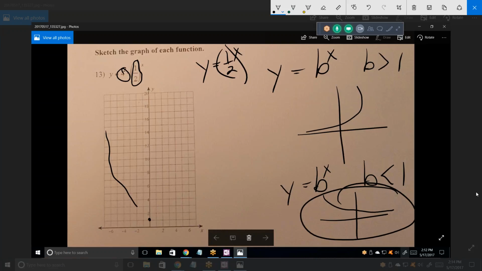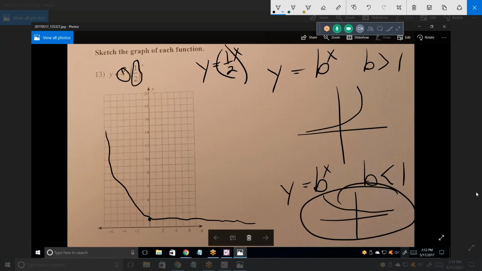So it not only has that shape, but it has that point, and it gets closer and closer and closer to the x-axis. In other words, when you take a number less than 1, and you start squaring it, cubing it, quartering it, it gets smaller and smaller and smaller. Never quite gets to 0, but it gets close.